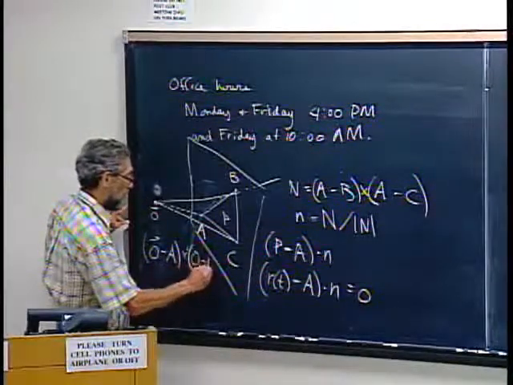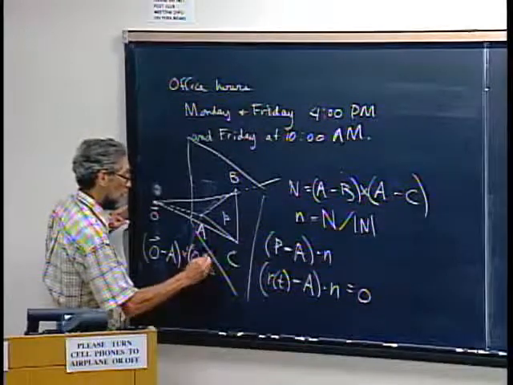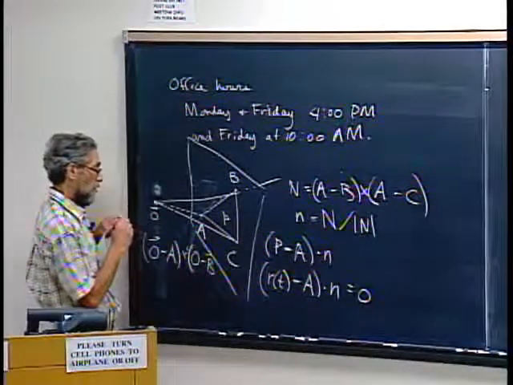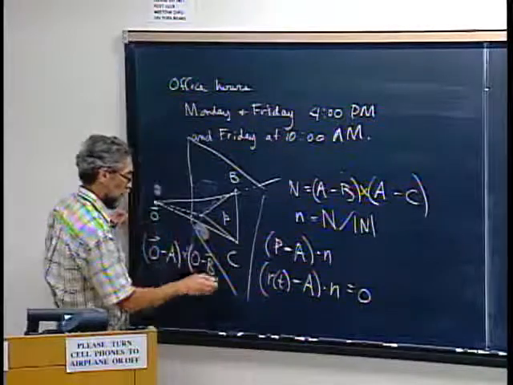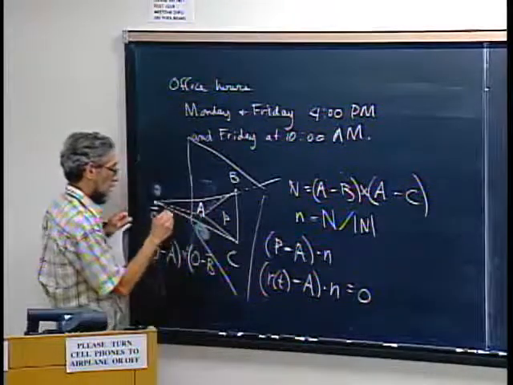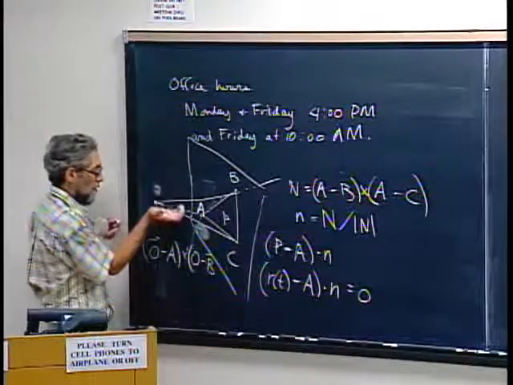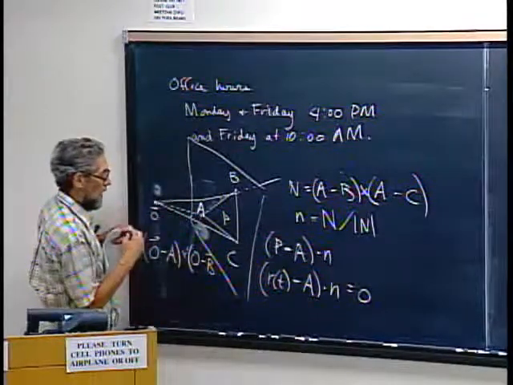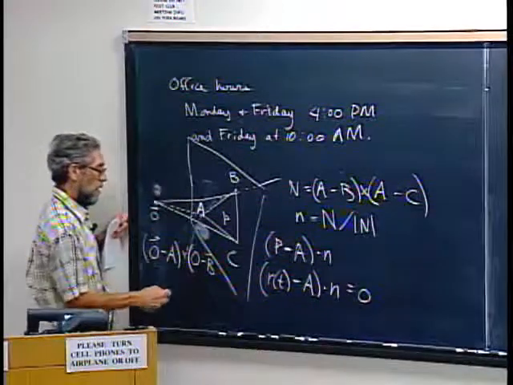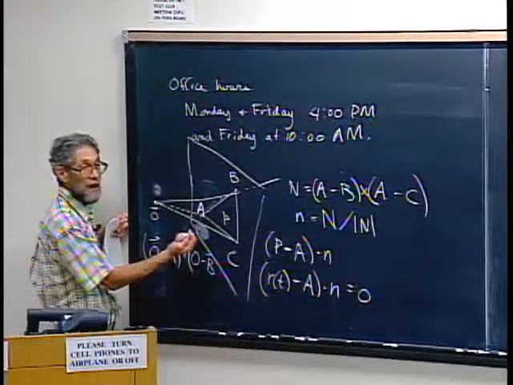The A was this vertex up here. If I take this with my right-hand rule, I'm going to get a normal that's pointing, in this particular case, inside this triangle.